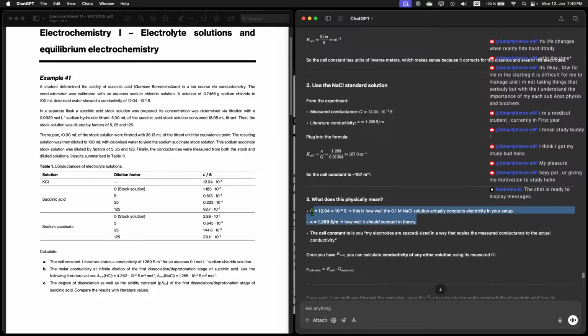Okay, could you explain more on these two? Like, I understood that conductivity... conductivity is what?